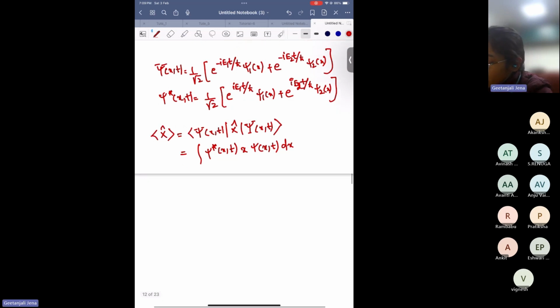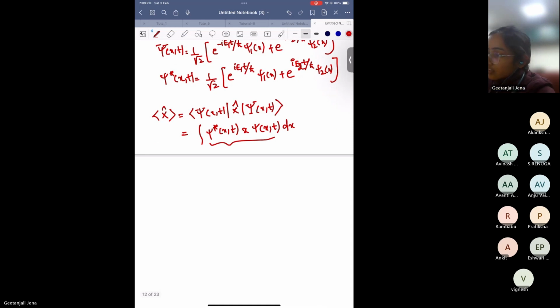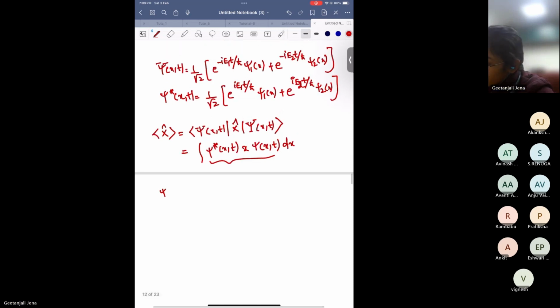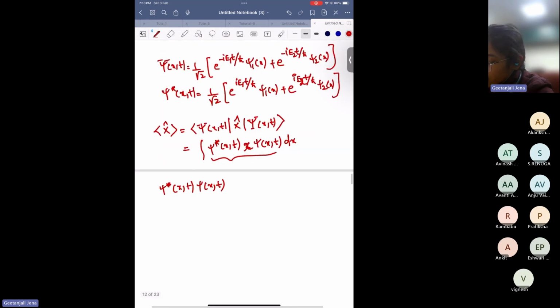Now let's take this whole term. Let's calculate psi star(x,t) with psi(x,t), because there is no operator here now; x acting on this will simply give x. So first calculate the expression for this form.